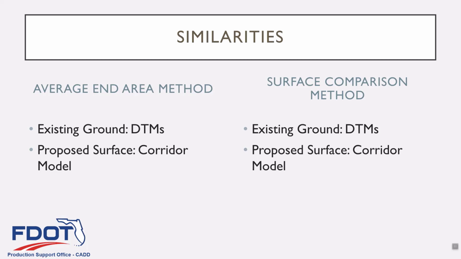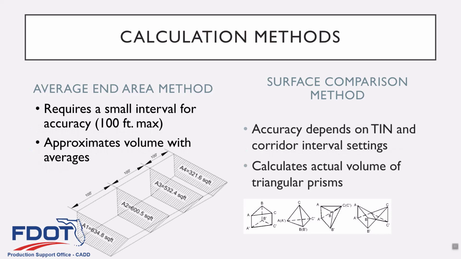You're going to use the DTMs and you're going to use the corridor models. We're just going to take a different approach to what we do with that information. The average end area, you're just building cross sections that show the existing ground, that show the corridor model. The surface comparison method, we're literally just looking at the 3D, not really concerned with cross sections.